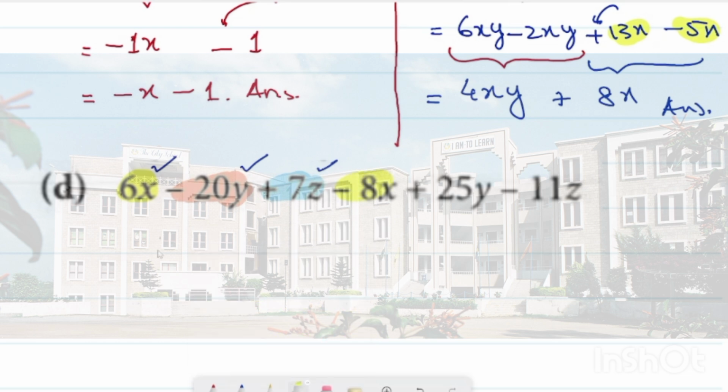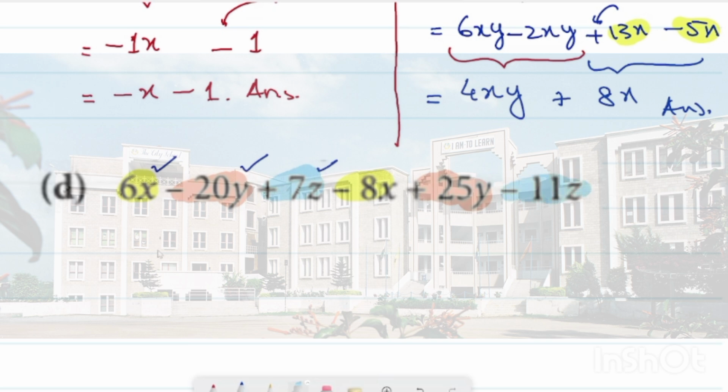Yes. Do we have the same y variable? Yes, there is plus 25y, so that is the same y variable. So we are writing this y variable here. And then we'll be looking for the z variable. Do we have the z variable like that one? Yes, there is a z variable.